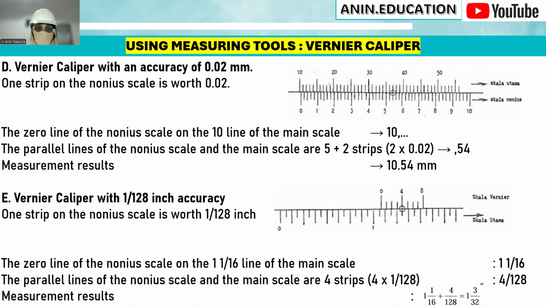The parallel lines in the nonius scale and the main scale are the fourth strip, 4 over 128. The measurement result is 1/16 plus 4/128, and the result is 3/32 inch.